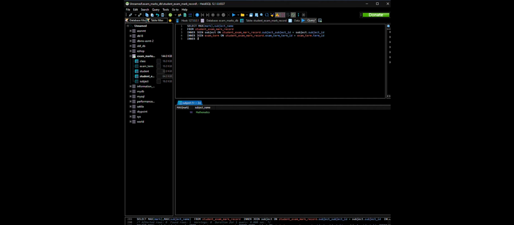Next we are going to join in our student table on student exam mark record dot student index number is equal to student dot index number.